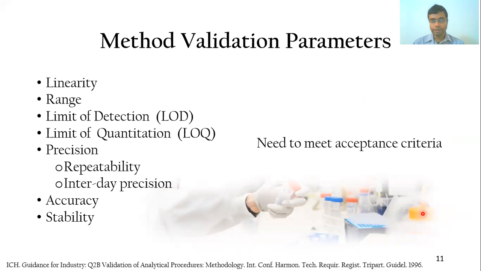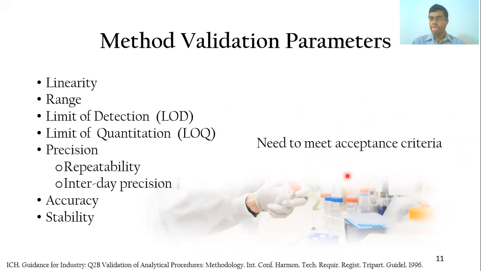Okay, so these are the method validation parameters. In the rest of our talk, we are going to discuss these parameters briefly and how we achieved them. Not only that, we need to ensure that all of these met the acceptance criteria in order to use that method as a validated method. So: linearity, range, LOD, LOQ, precision, accuracy, and stability.